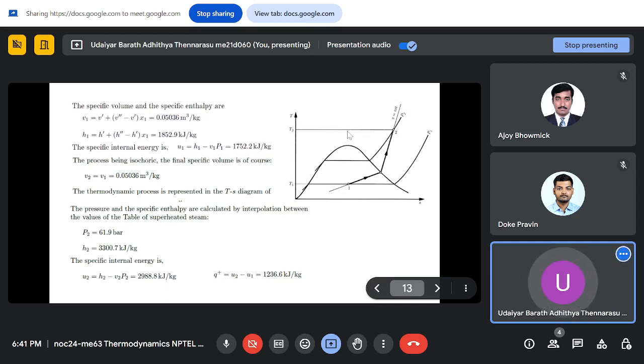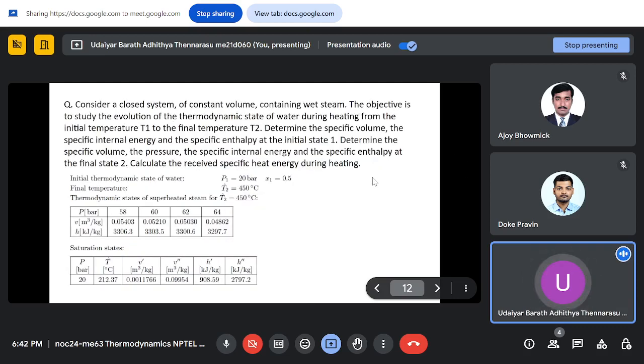So Q is nothing but the change in internal energy: specific heat energy input equals U2 minus U1. We have already calculated U2 and U1. Substituting that, we find that we have supplied 1236.6 kilojoules per kg of water to convert it from state 1, at 20 bar and a temperature of 450 degrees Celsius.